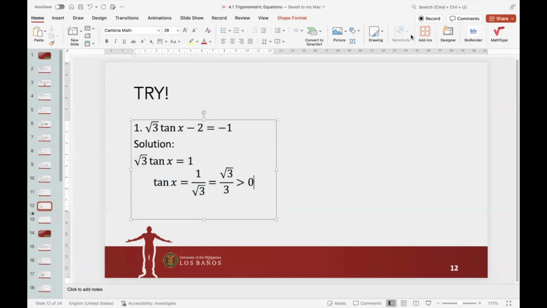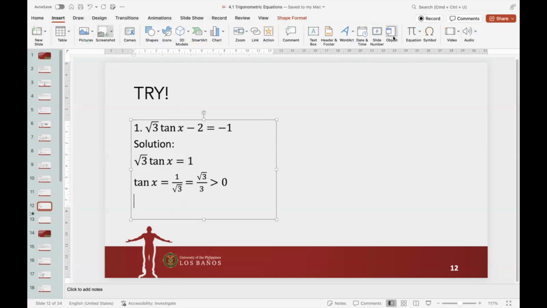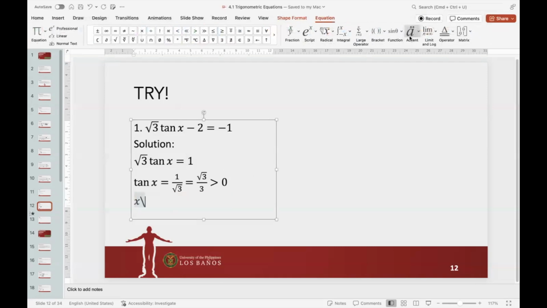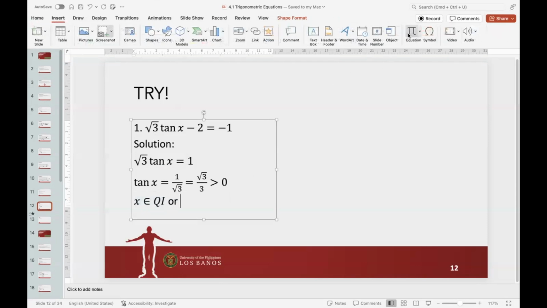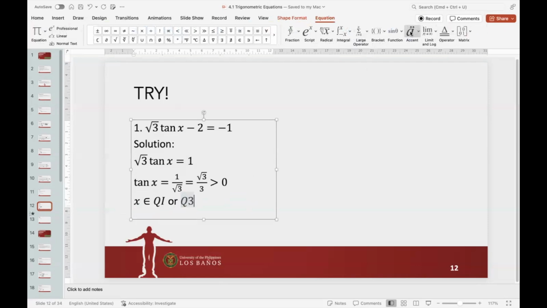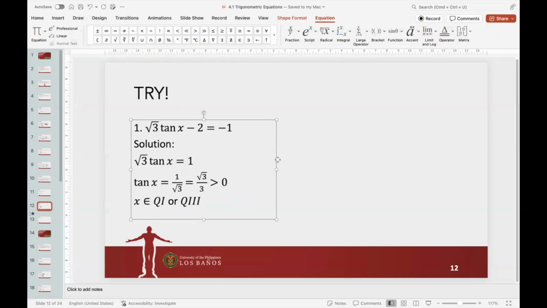Okay? So we know that this is greater than 0. That means when tangent is positive, then it follows that x must be in quadrant 1 or in quadrant 3. Okay? So x must be in quadrant 1 or in quadrant 3.